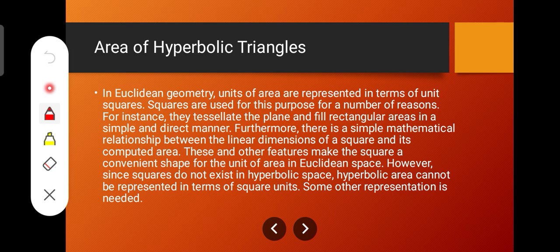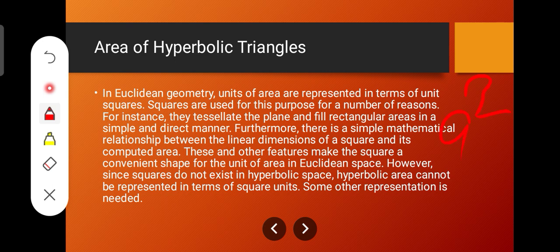Next, the area of hyperbolic triangles. In Euclidean geometry, units of area are represented in terms of unit squares, like a squared.